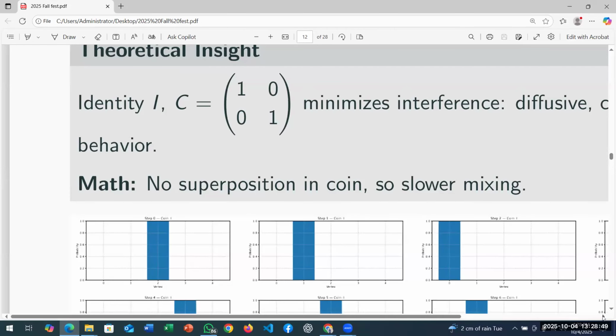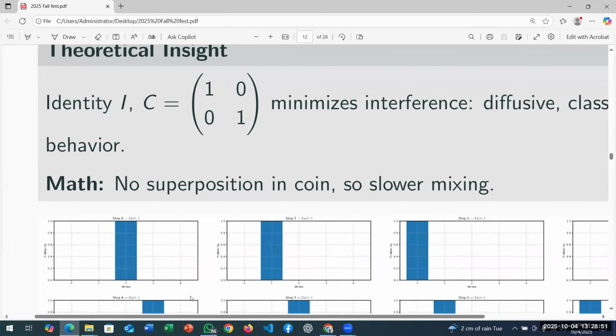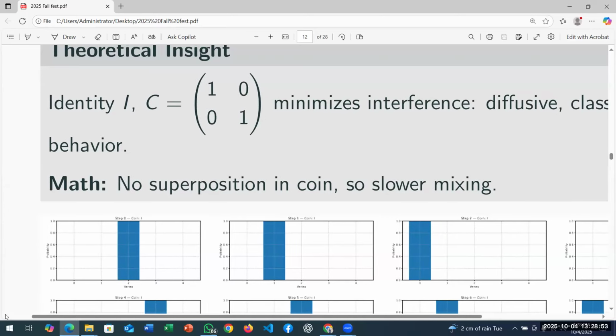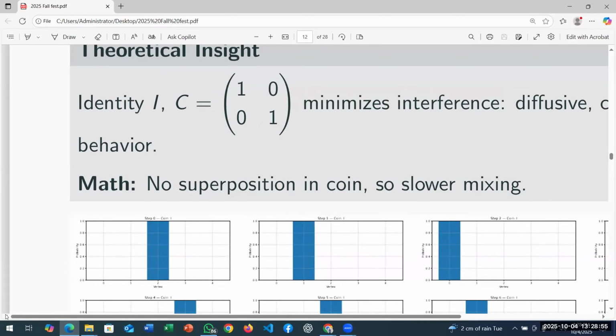But what happens here is it moves from 2 to 1 to 0. I chose left to be the initial direction. That's why the evolution is going towards the left.